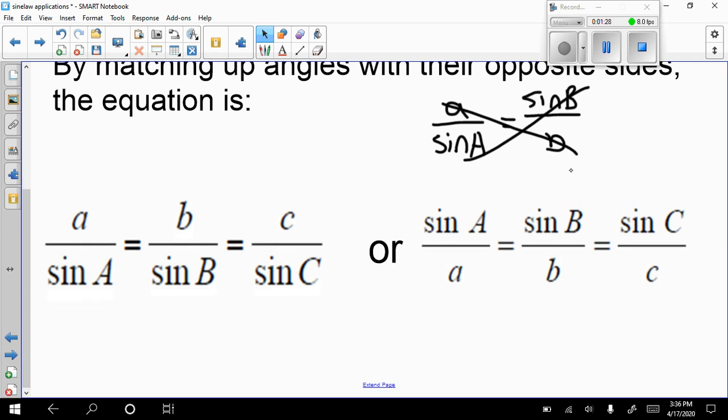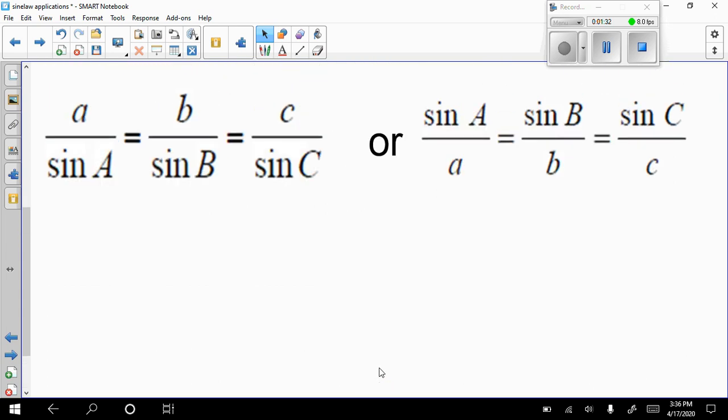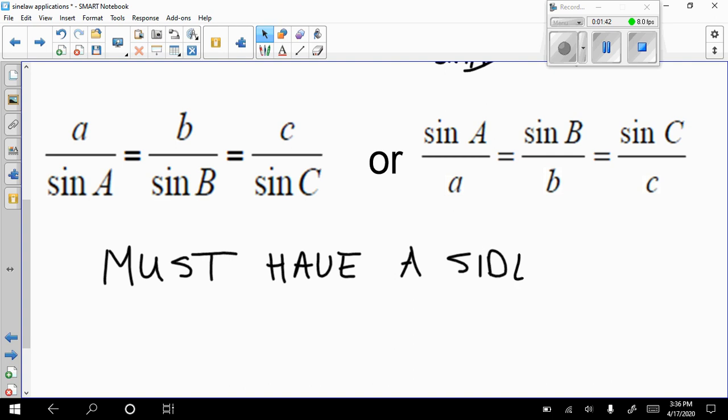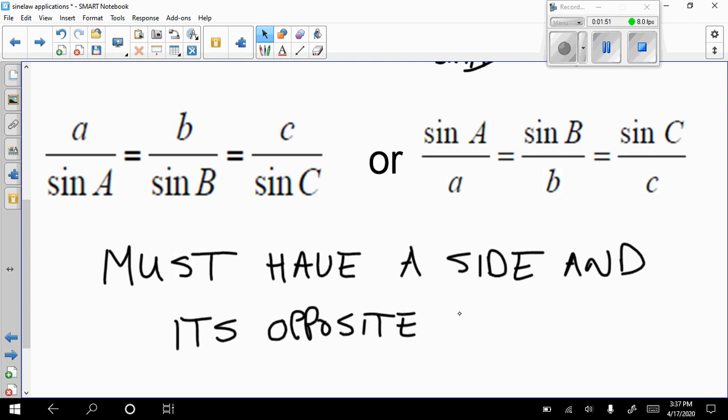Now, the key thing to using sine law, and I just want to emphasize this, is that you MUST have a side and its opposite angle. A side and its opposite angle. If you don't have that, you cannot use sine law.